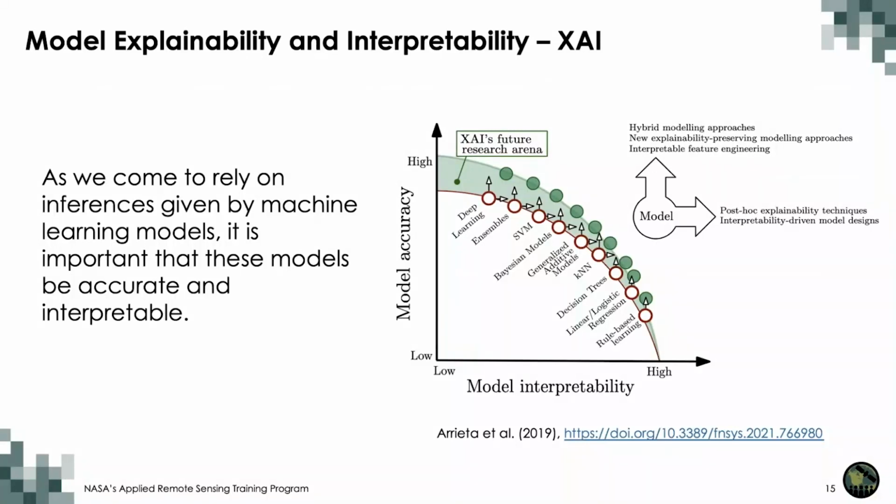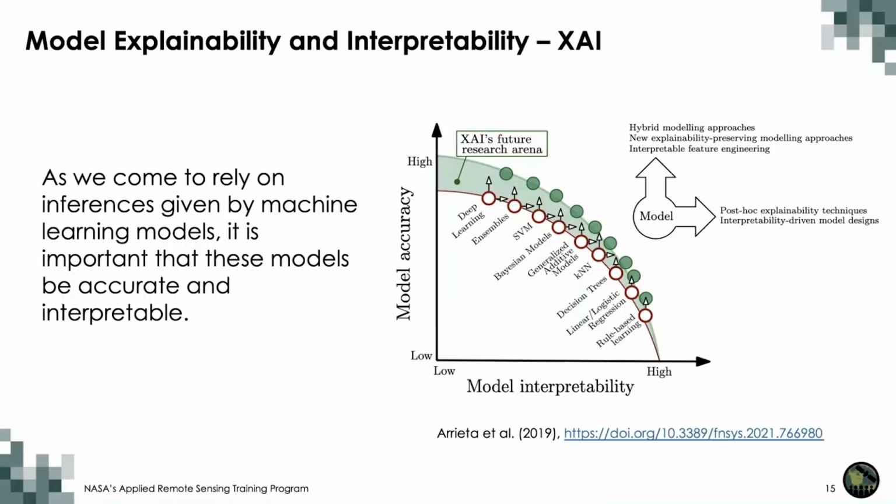Now, looking off to the right, we can kind of see a graph that shows model accuracy versus model interpretability. It's pretty difficult to get into that sweet spot of having a very accurate model and it being very interpretable. Decision trees and linear logistic regressions are two examples of models that are very interpretable.